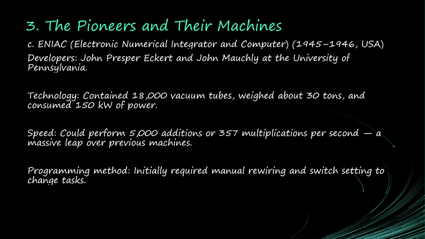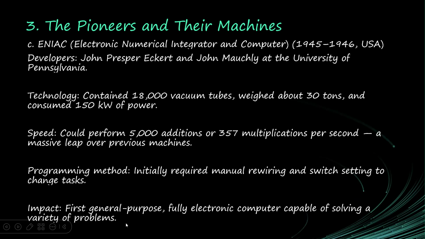So let's say if you want to do addition, there's a way they wire it for you to do addition. If you want to do multiplication, you have to change the wiring and the switches and plug it again for the multiplication. So that's how the programming was done. But what was the impact?